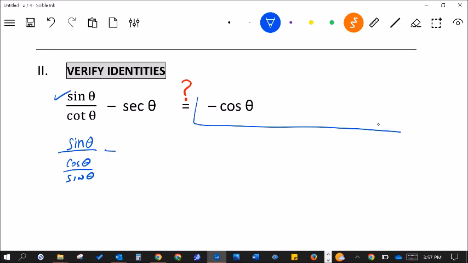And subtracting secant, which is 1 over cosine theta. So I am using two of these identities: this one is a cotangent identity, and the other one is a reciprocal identity.